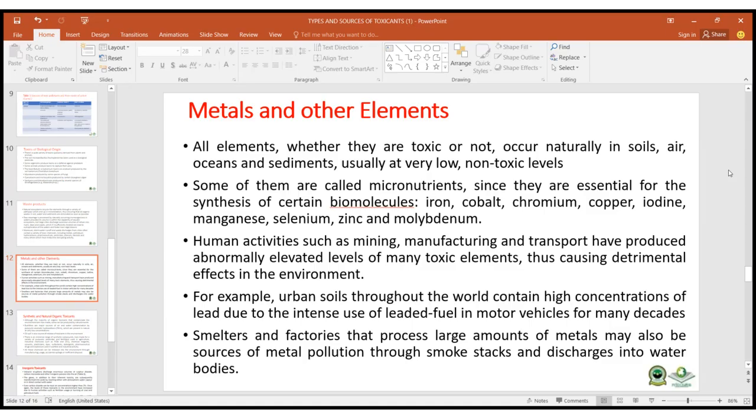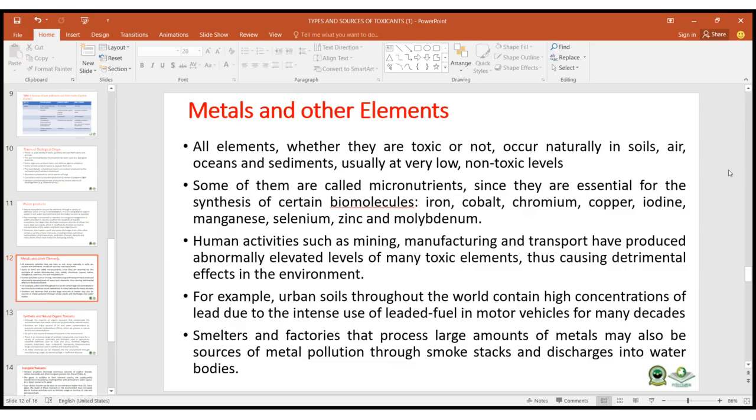You have NESREA, and you have other regulatory agencies. So when you begin to test the levels of these metals or toxicants, you have to discuss them in relation to the permissive level. And if they go beyond the permissive level, then you begin to raise an alarm.